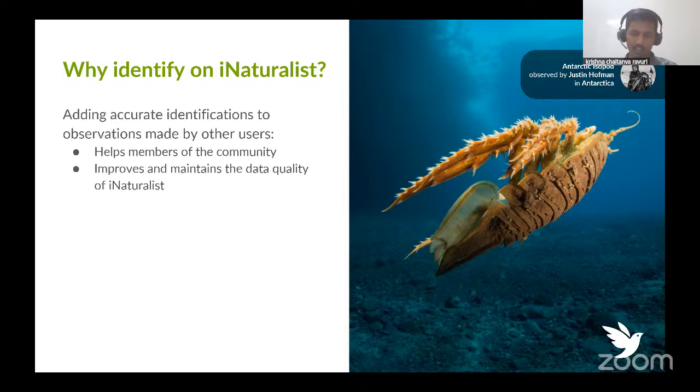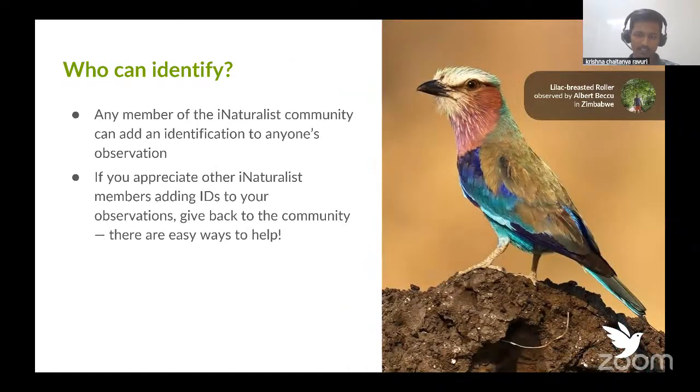There are extra annotations you can give, but the most fundamental data is the ID. That's why we need identifications. And as I said, this is citizen science, and everybody can identify to whatever level you know at that point. You can keep learning and keep coming back and improve your identifications.